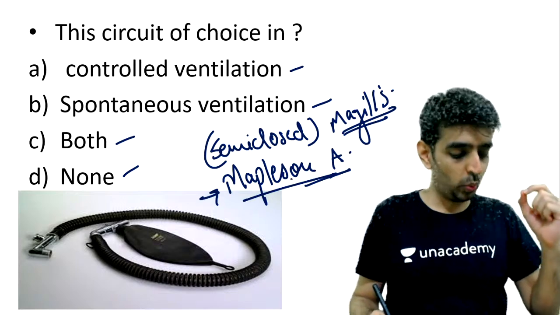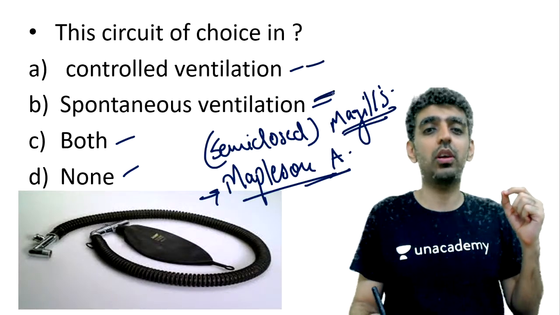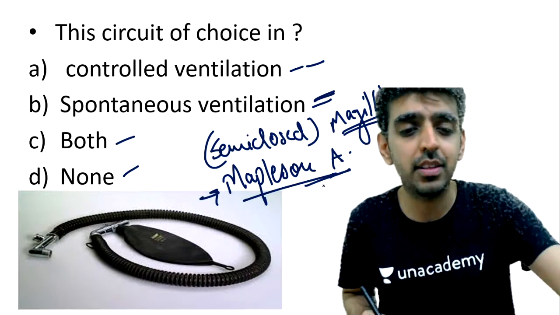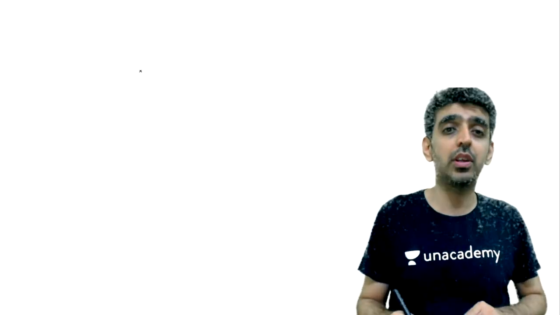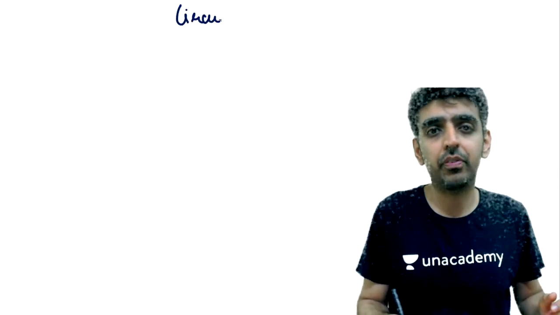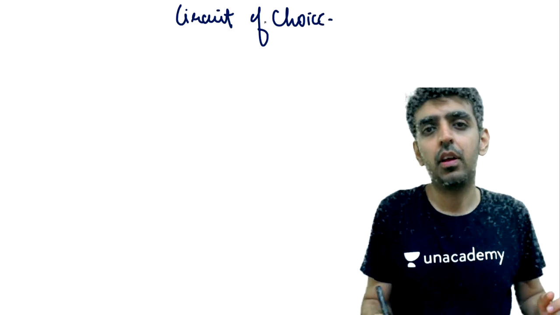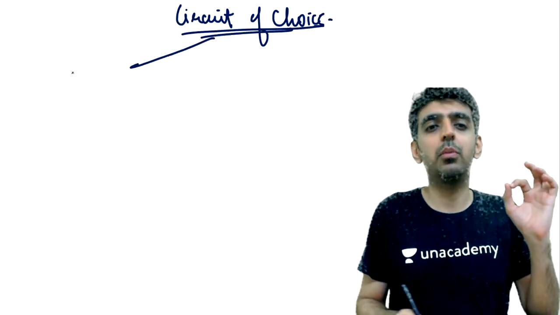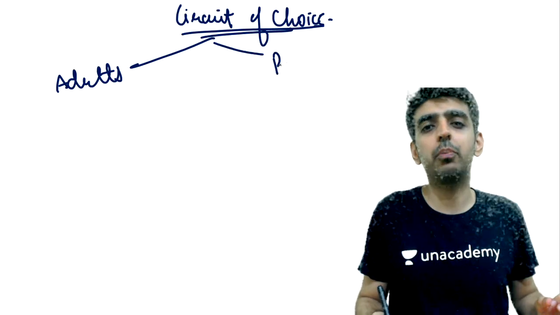Now tell me whether this circuit is used for controlled ventilation or for spontaneous respiration. I'll just give you a quick hint. How do you go about this? Think of the circuit of choice in adults and in the pediatric population.